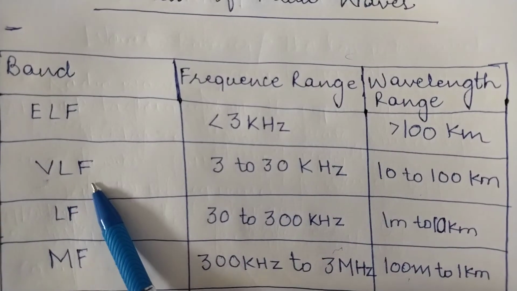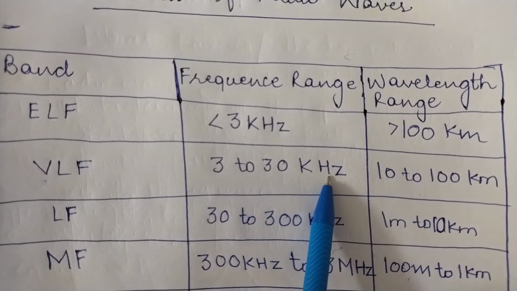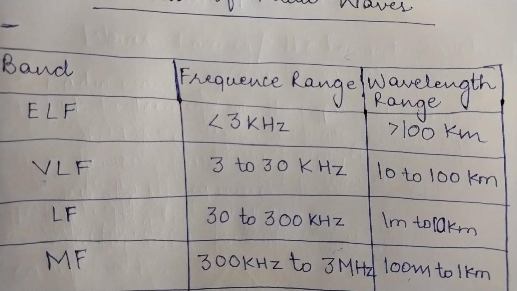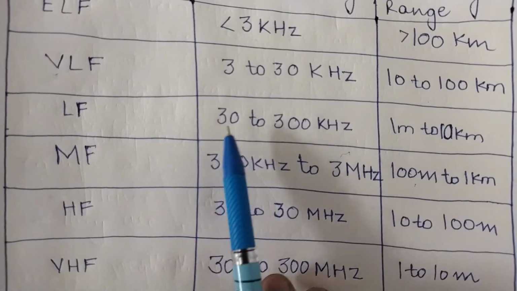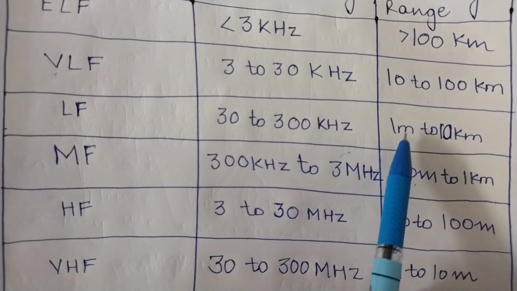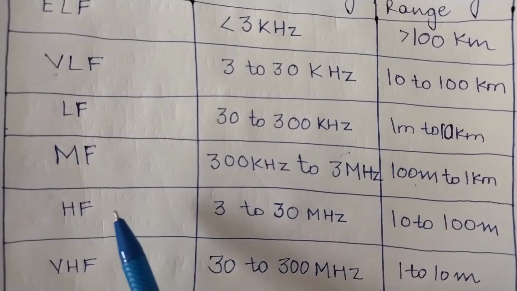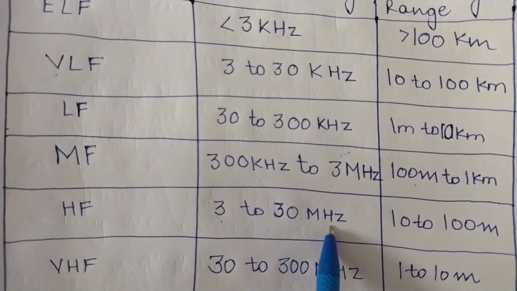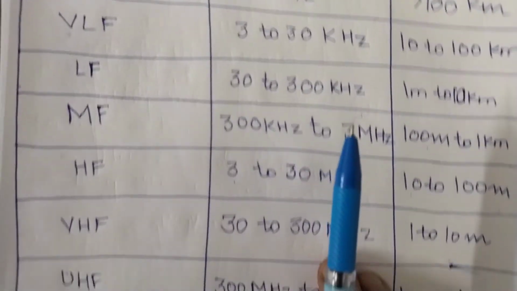In a very low frequency band, the frequency range is from 3 to 30 kilohertz and the wavelength range is from 10 to 100 kilometers. Then at low frequency bands, the frequency range is from 30 to 300 kilohertz and the wavelength is from 1 meter to 10 kilometers. At high frequencies, the frequency range is from 3 to 30 megahertz and the wavelength is from 10 to 100 meters.